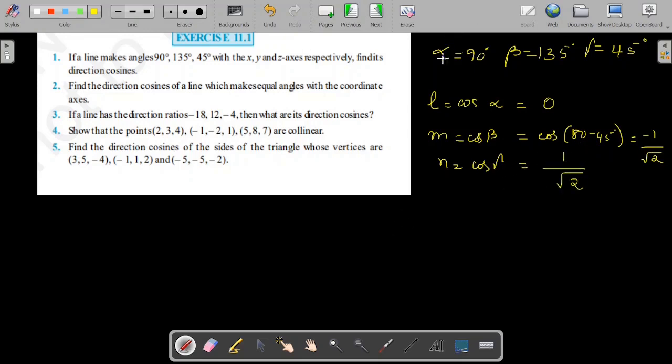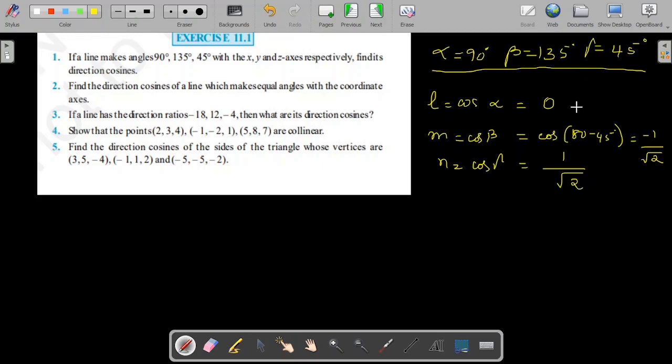So what I am saying geometrically is that I have a line which makes an angle of 90 with the x axis, 135 with the y axis and 45 with the z axis. The same thing I am telling in algebraic language as a line with the direction cosines 0, minus 1 by root 2, 1 by root 2.